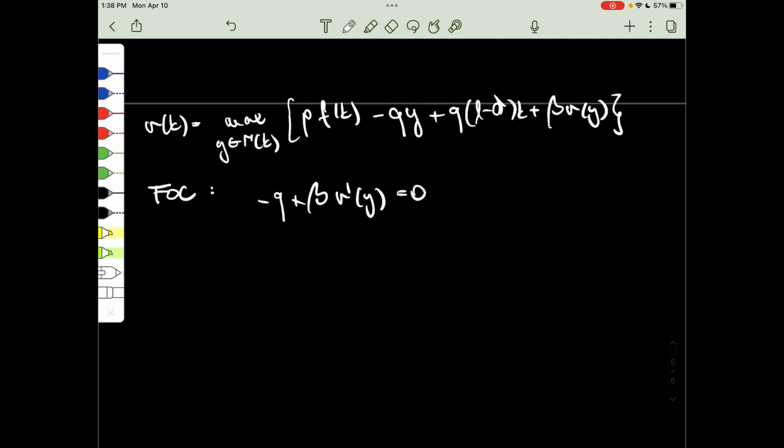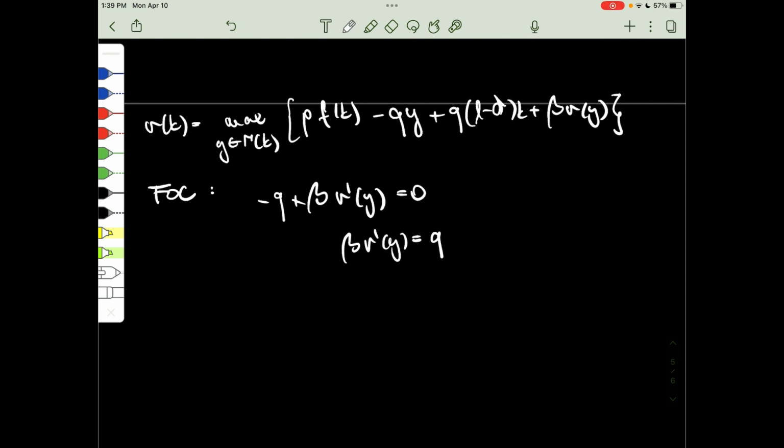It is 0, from which it follows that this equality holds. For now, we don't know anything about the derivative of the value function, but the conditions for theorem 4.11 hold.